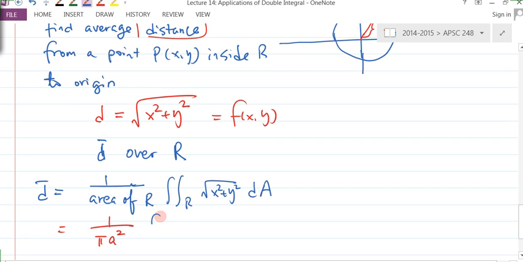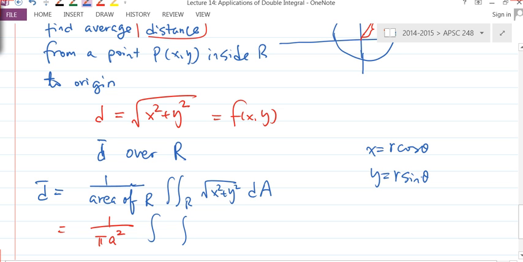And the double integral, now this is where you've got to practice. This is in Cartesian coordinates x and y. Remember, when we see a circular kind of area, chances are the polar coordinates will come in handy and will probably simplify your calculation. So I'm going to evaluate this double integral using polar coordinates. We're going to replace x with r cos theta and y with r sine theta.